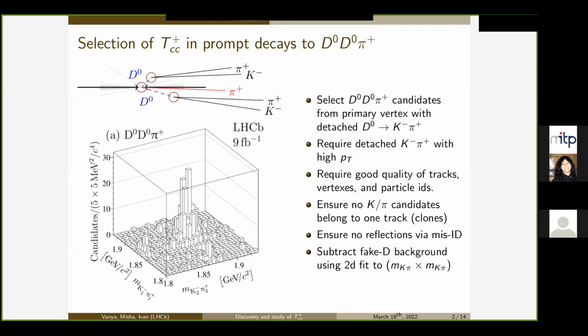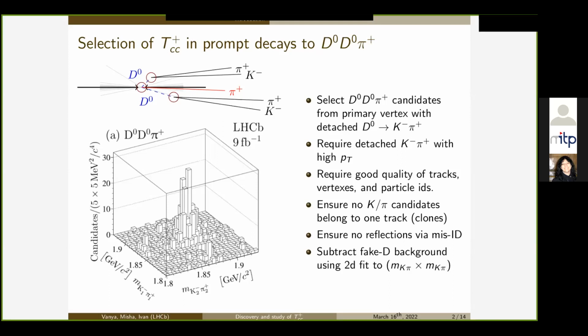So in the analysis and measurement which I'm going to talk about, we have selected a combination of the D0, D0 and pi plus, where D0 decays to K minus pi plus. In our selection, we require that all the tracks should be of good quality, and the vertices of the D0 candidates should be of good quality, and that all the tracks have large transverse momentum to suppress the combinatorial background, and that all these kaons are very well identified.